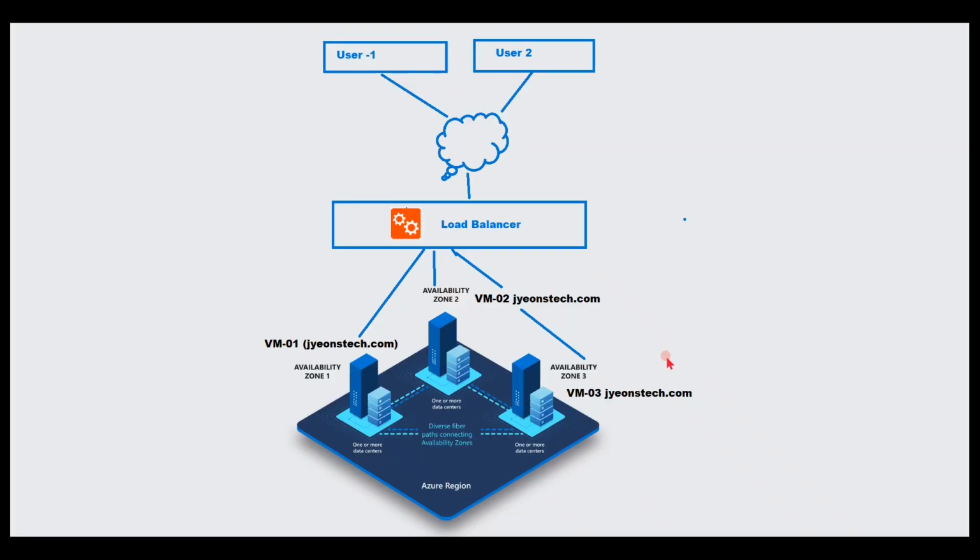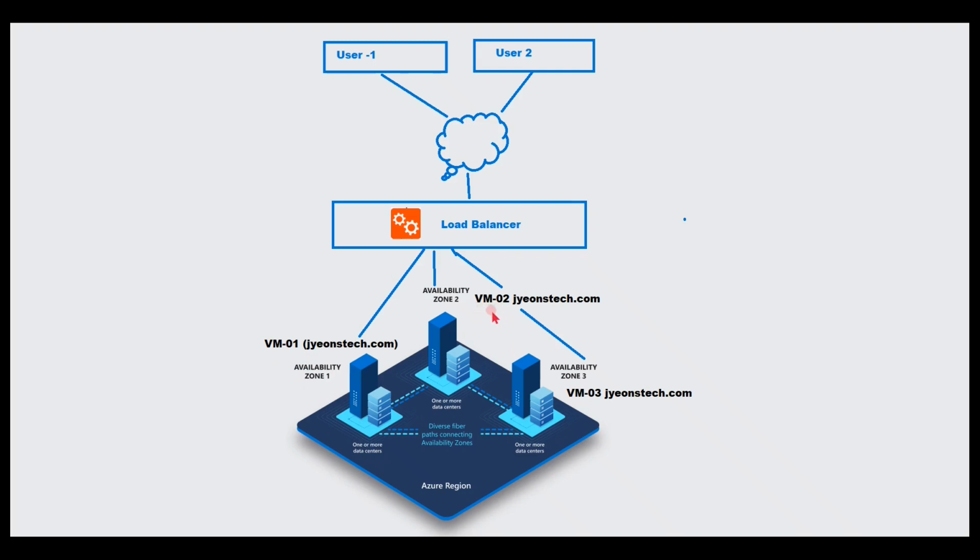Let's see a real-time example. I have already explained what an Azure region, data centers and availability zones are. In this example, we have one virtual machine in this availability zone.